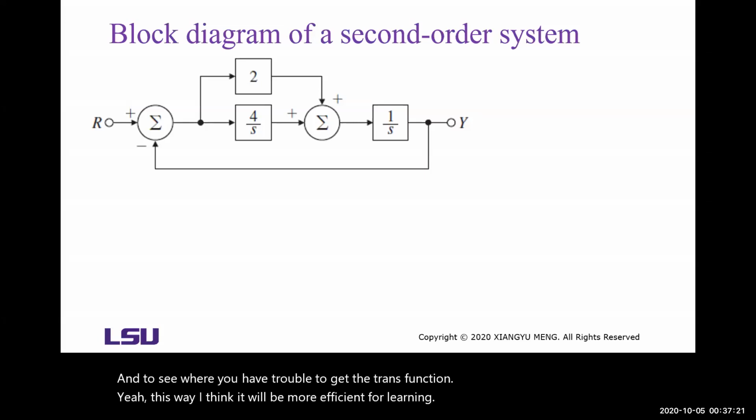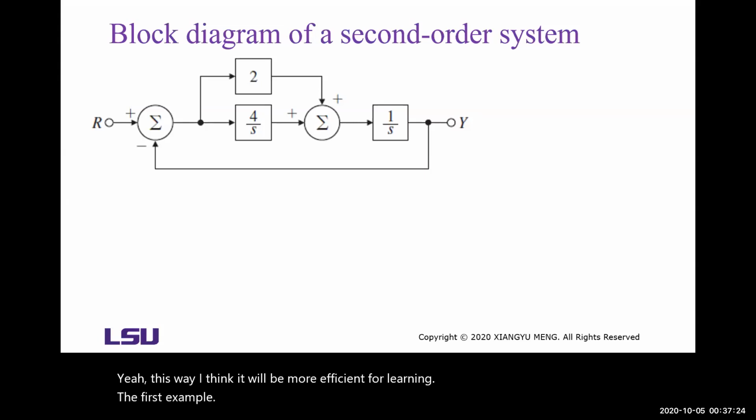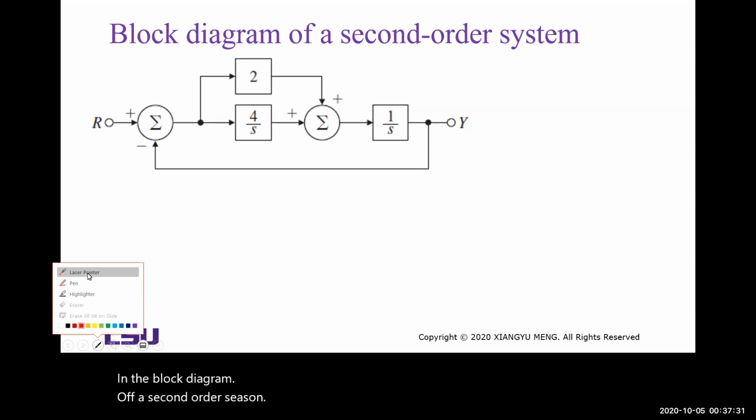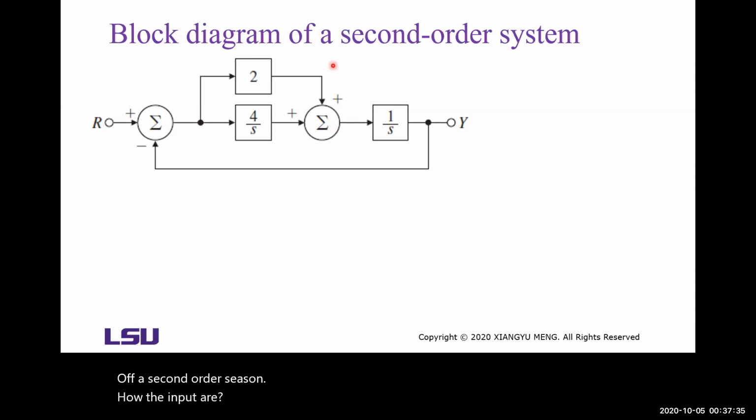The first example is a block diagram of a second order system. We have the input R, then two blocks 2 and 4 over S, a summing point, then another block 1 over S. This is negative feedback.